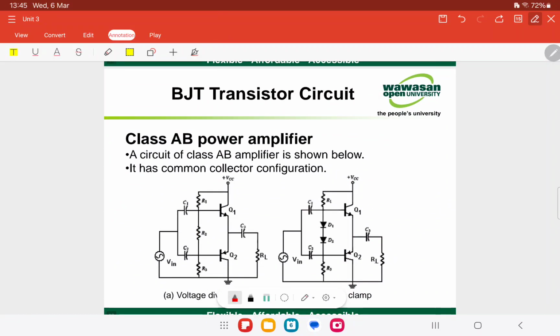This is the circuit for the class AB amplifier. This one is a common collector configuration. The class AB amplifier is biased to conduct slightly more than 180 degrees and utilizes two transistors that are alternately turned on and off.